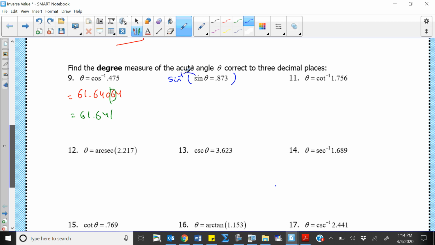I apply this to both sides of the equation. It will be sine -1 of sine of theta equal to sine -1 of 0.873. These two cancel each other, and then theta will be sine -1 of 0.873.